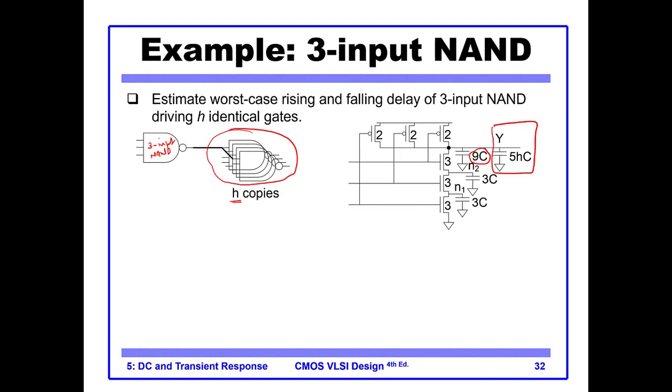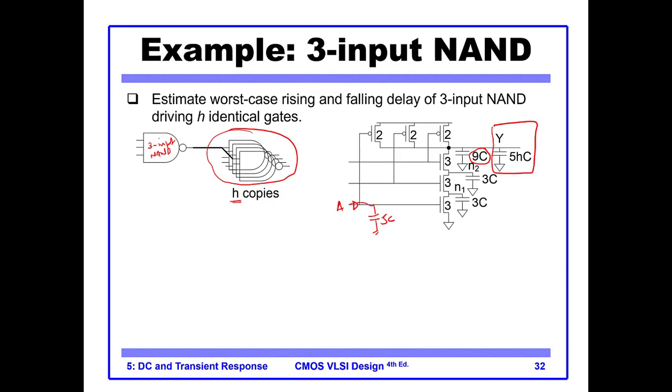So remember that every input, so for example this is our input, looking into the input, what was the capacitance that I see? It was 5C.